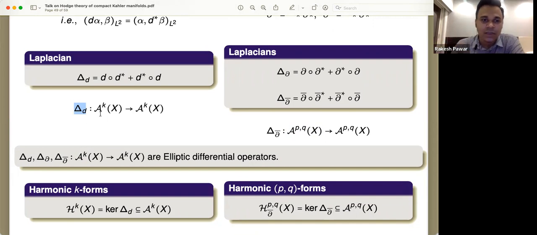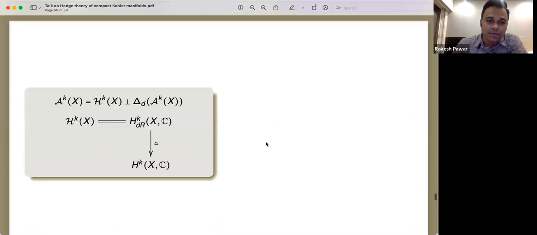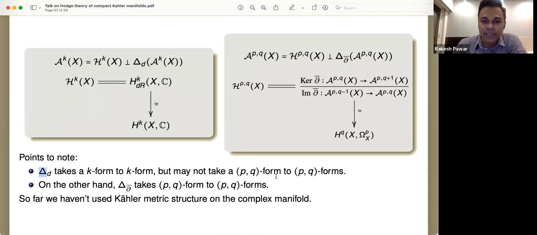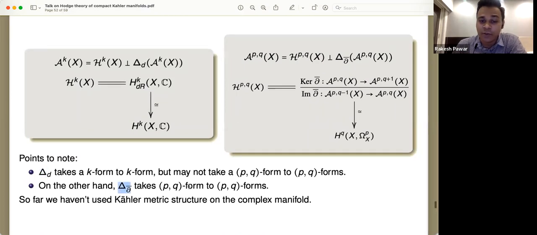That's a problem, though it certainly takes a degree k form to degree k. On the other side, the Dolbeault Laplacian takes a (p,q) form to a (p,q) form, so it preserves the type. In general delta_d may not take a (p,q) form to (p,q), but this other Laplacian will.